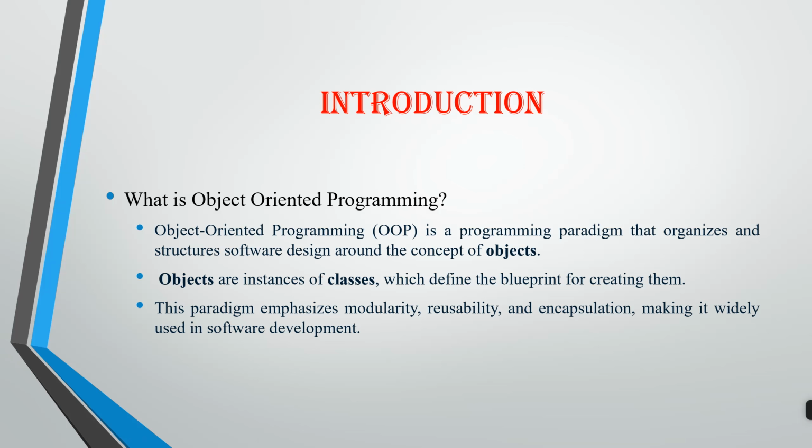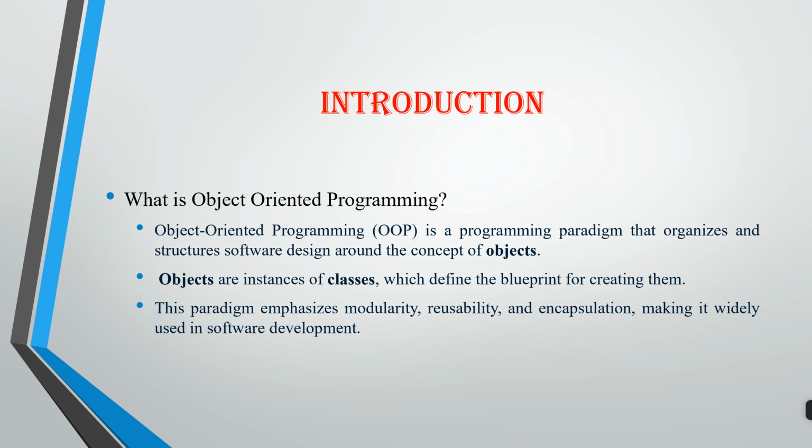First of all, let us know what is meant by object-oriented programming. It's very clear that object-oriented programming is a programming paradigm that organizes and structures software design around the concept of objects.